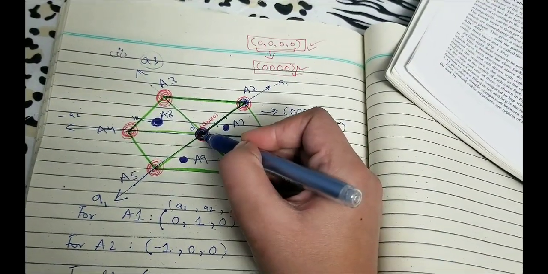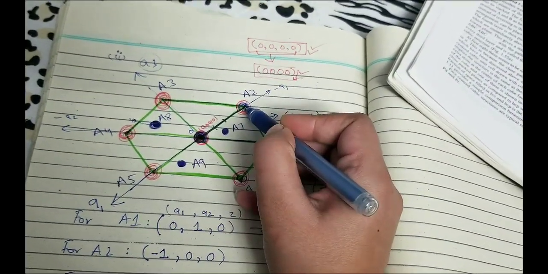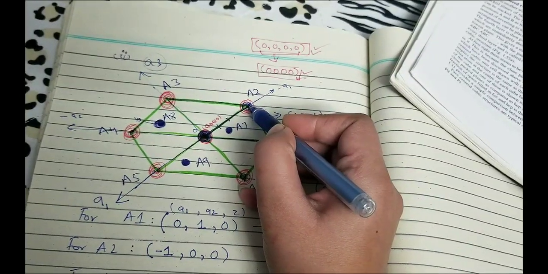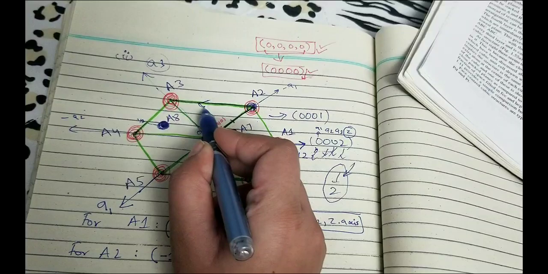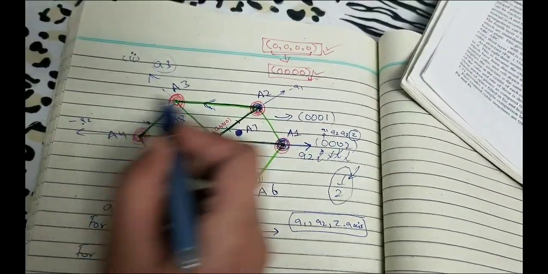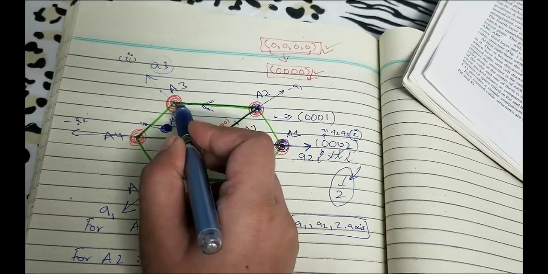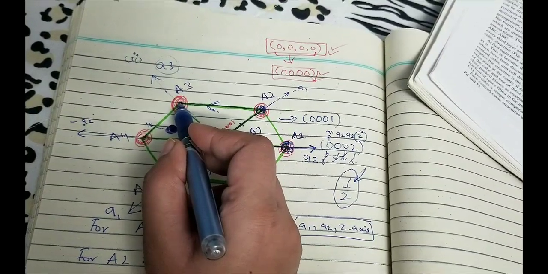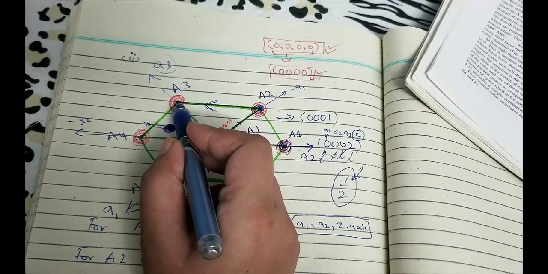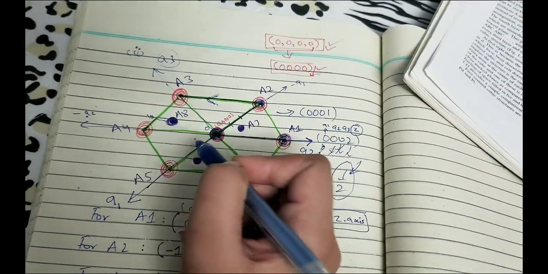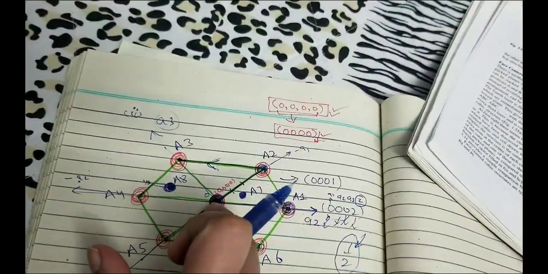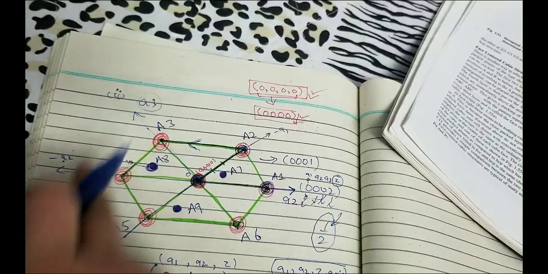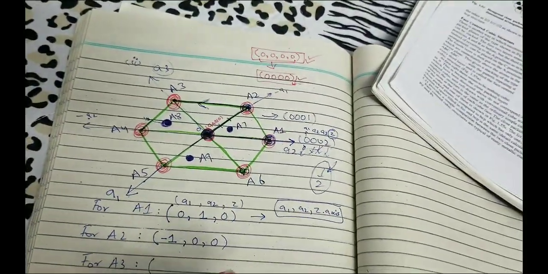So from this point we'll first move -1 unit along the A1 axis, and then we'll move in this direction, which is the negative A2 axis. So -1 unit, because we are moving to the other corner of the unit cell, -1 unit along the negative A2 axis, and we'll reach the A3 atom. We can't move along this line because the A3 axis is neglected here.